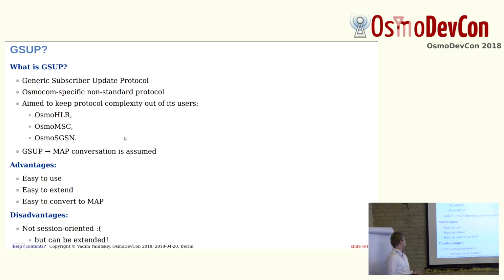The implementation of this protocol also assumes easy conversion from GSUP to MAP, since someday we will have to use MAP. And why is it good to use this protocol? Because it's easy to use, easy to extend, and easy to convert to MAP in the future.